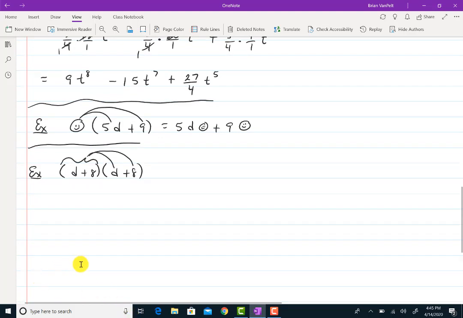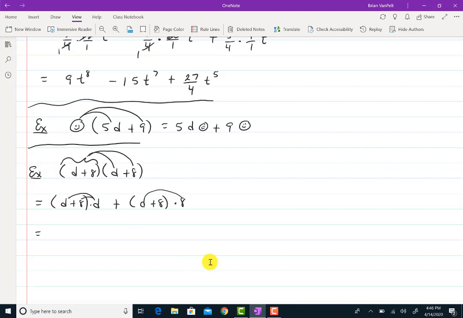So I will get d plus 8 times d. There's the first part. And then I'm going to get d plus 8 times 8. Now let me go ahead and multiply it out. Now you're going to have to use the distributive property in this direction now, since d is multiplied to both parts and 8 is multiplied to both parts here.